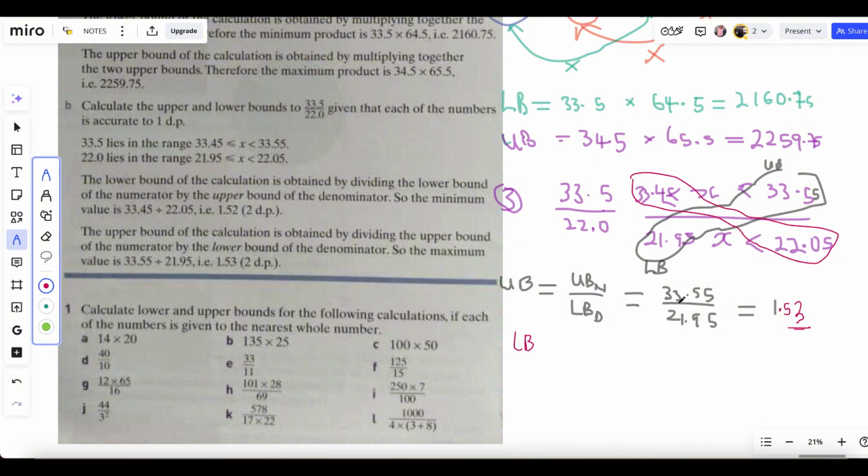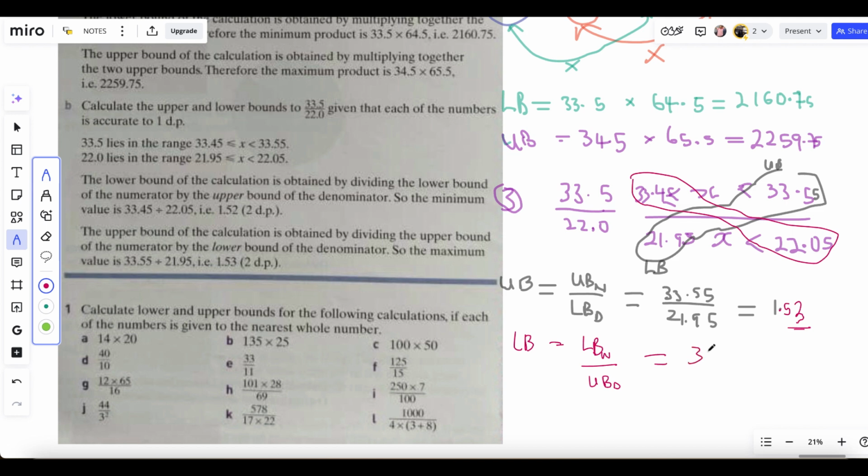The lower is 33.45, right? So if you're looking for lower bound, you say the lower bound of the numerator, divided by the upper bound of the denominator, so that we can get the most lower.